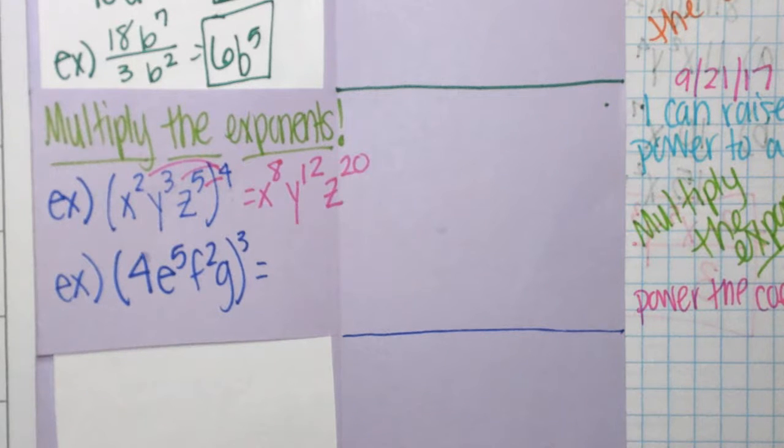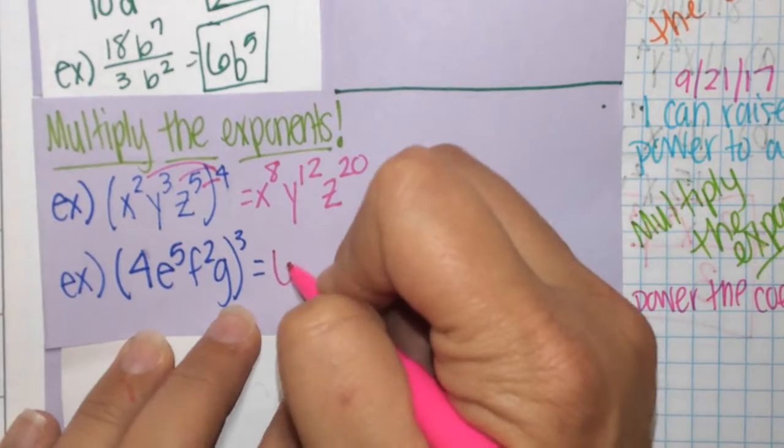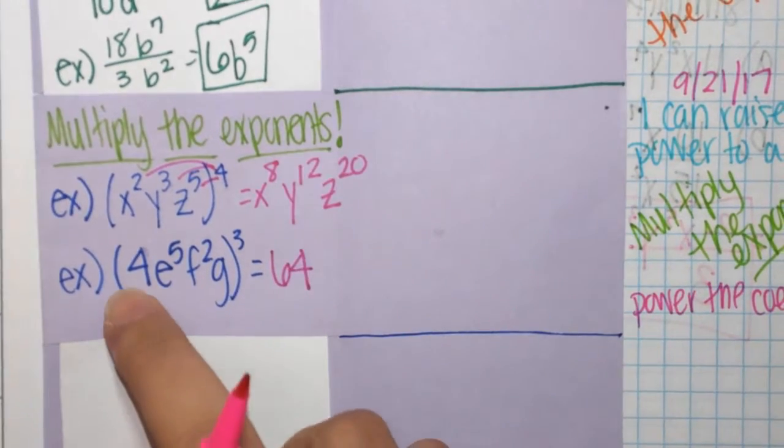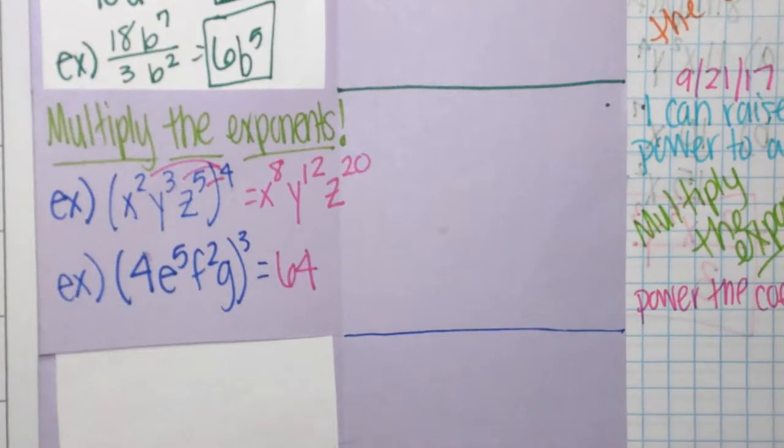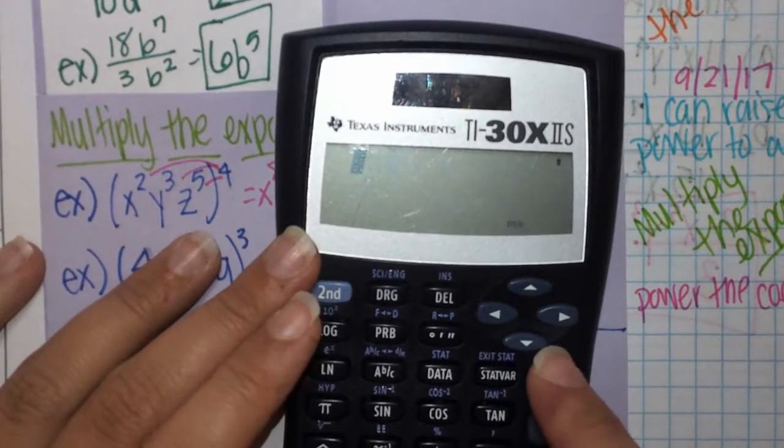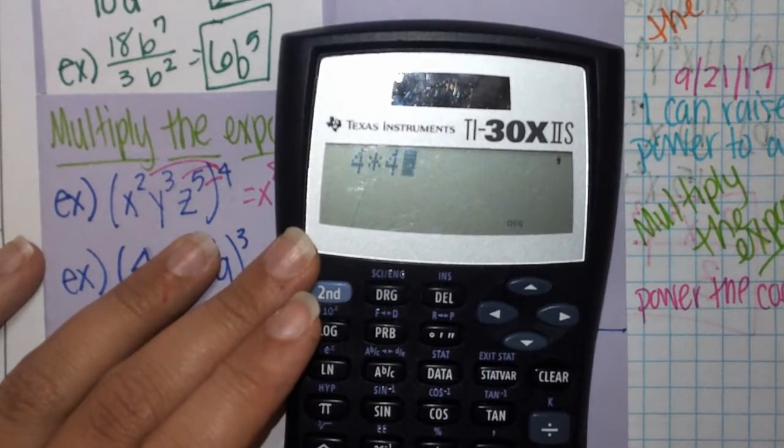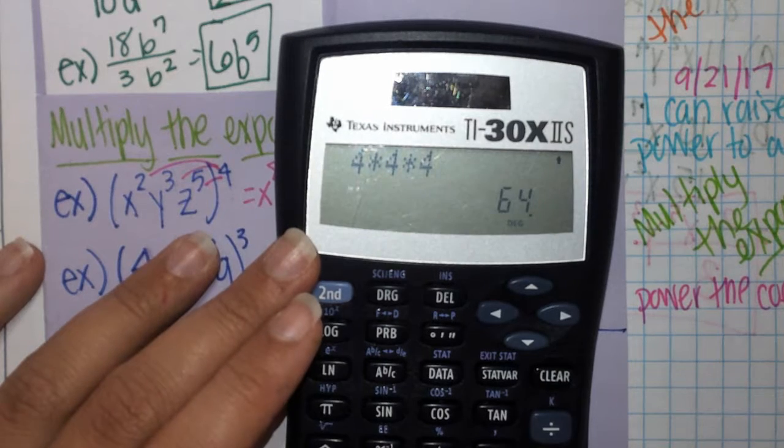So 4 times 4 times 4 is? It's 64. So, this is a coefficient. We wrote that we power the coefficients. You do 4 times 4 times 4, and you get 64.